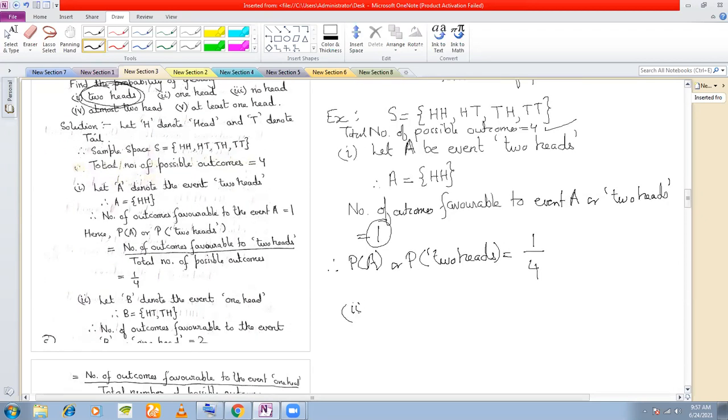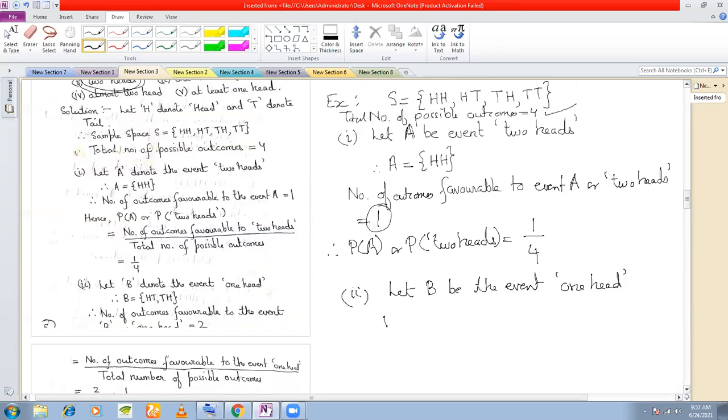The second question here is getting one head. So let us define another event. Let B be the event, one head. So what is the set B? Look at the sample space. One head means which events have one head. This one has one head. This one has one head, right?